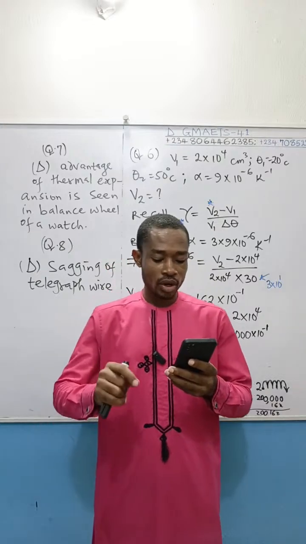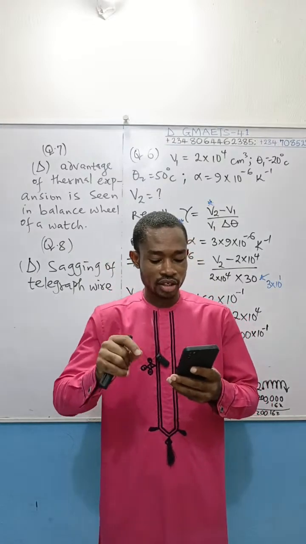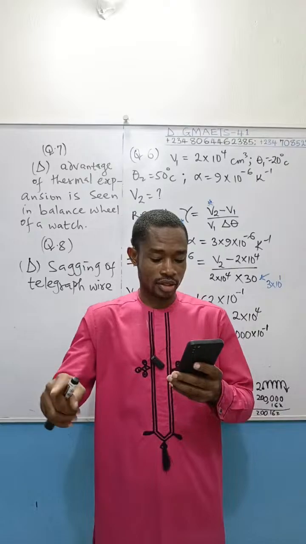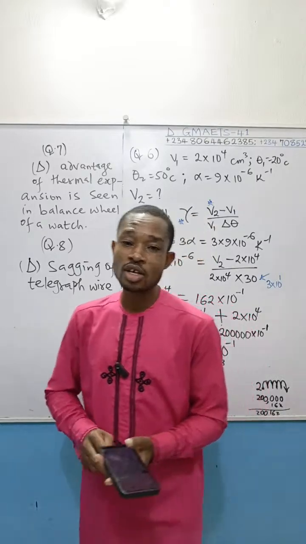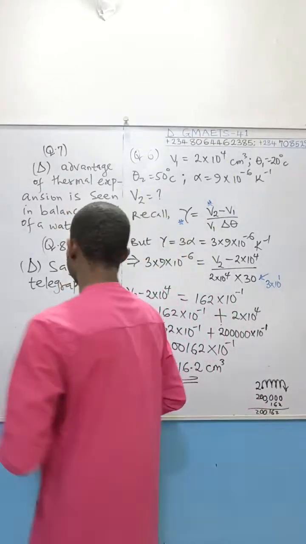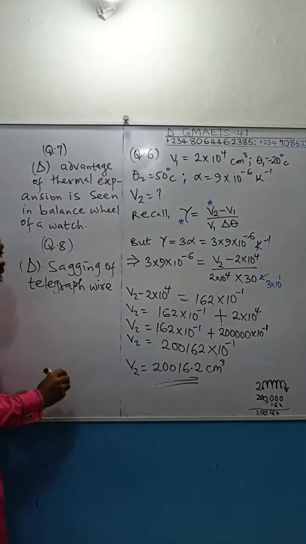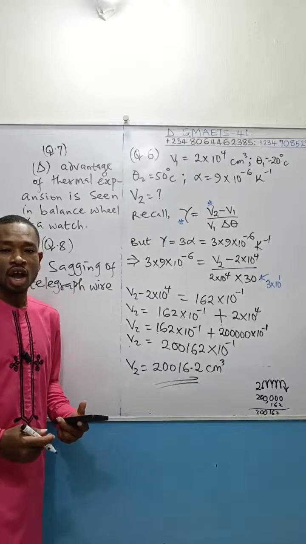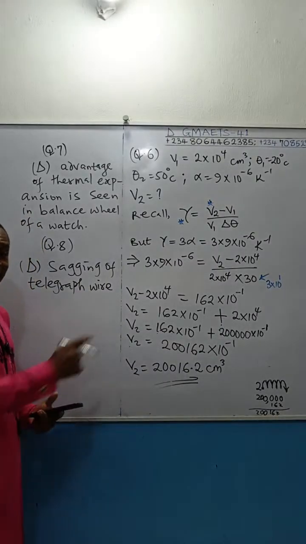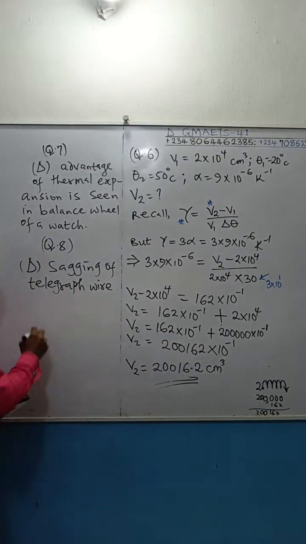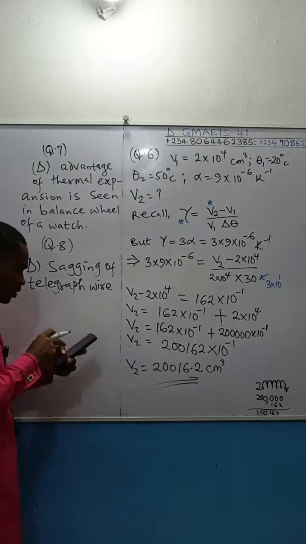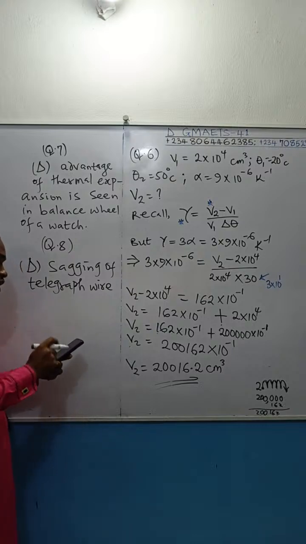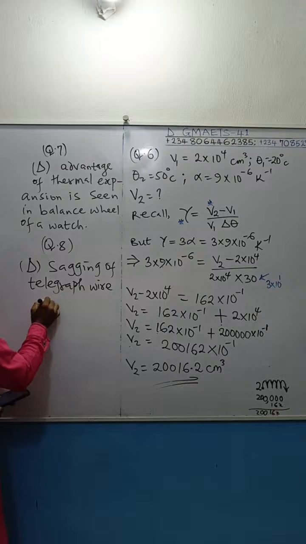So which of the following cannot be used as a measure of degree of expansion in solids? Apparent expansivity cannot be used, because that one brings in liquid. Like I said, it's when you are heating the liquid that it also causes the expansion of the containing vessel. That's what apparent expansivity is all about. So that one cannot be used as a measure of degree of expansion of solids. Question 9.